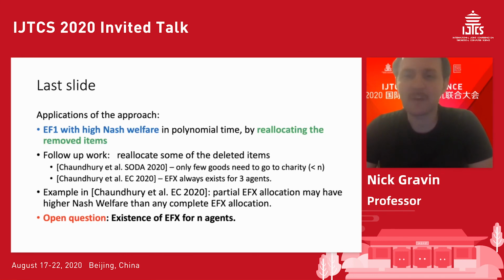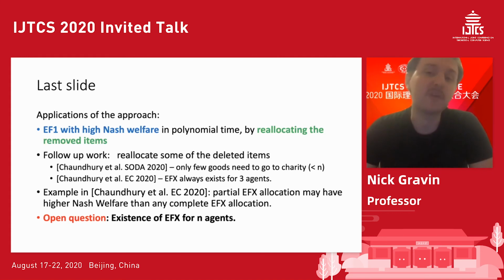One last thing I want to mention is that in this recent EC paper, people constructed an example where there is a partial EFX allocation with a higher Nash welfare than any complete EFX allocation. So it basically means that it might be beneficial to remove some items from the instance, and it helps if you really want to be fair.